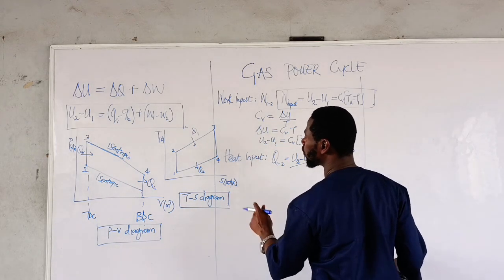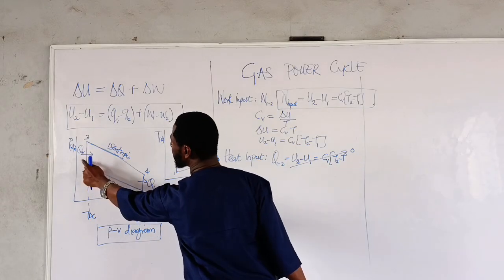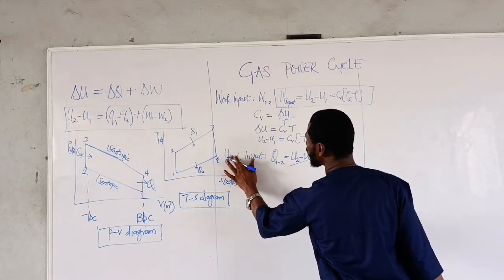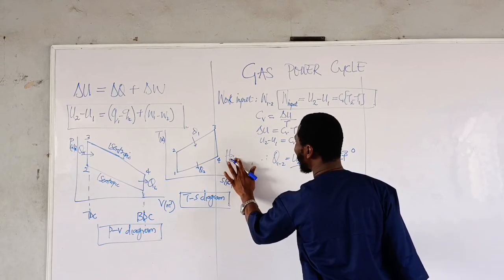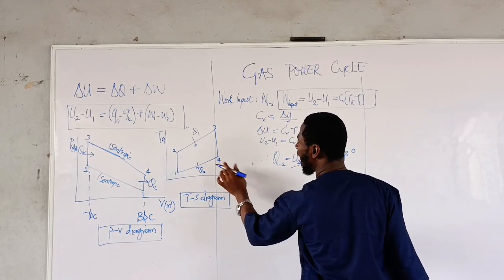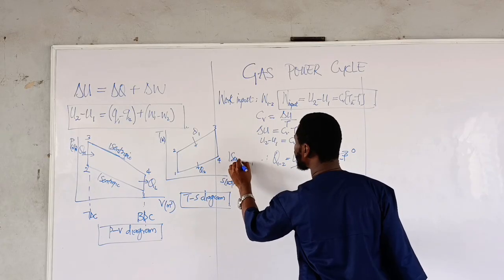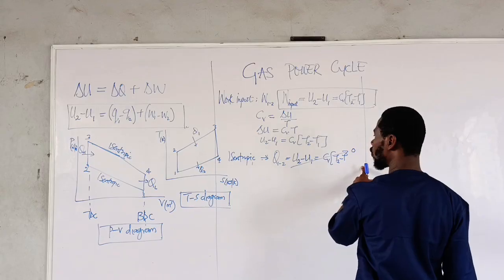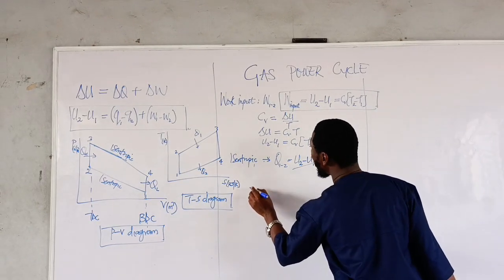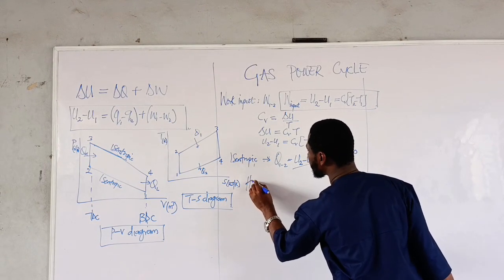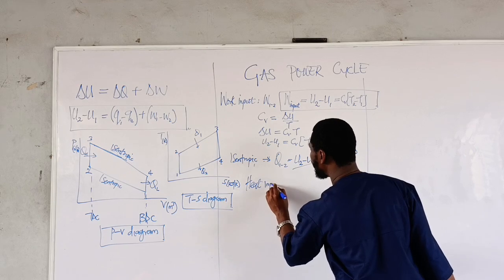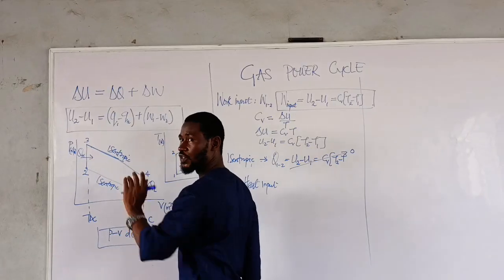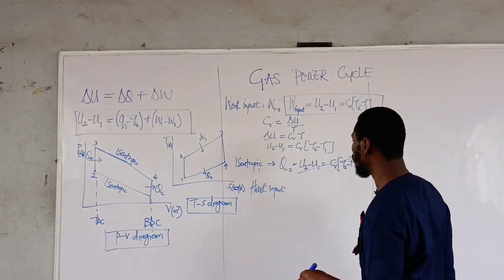Now, for process 2 to 3, this is where heat is being added to the system. So this one is classified as an isochoric process, where work tends to 0. Therefore, heat input, looking at the diagram, you can see this is where it is being supplied to the system at stage 2 to 3.